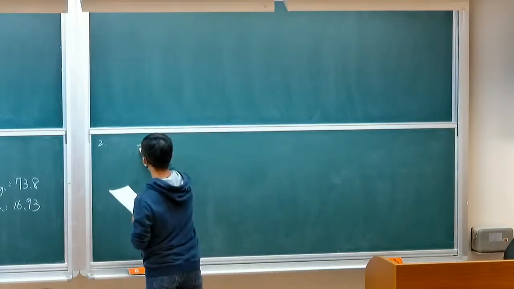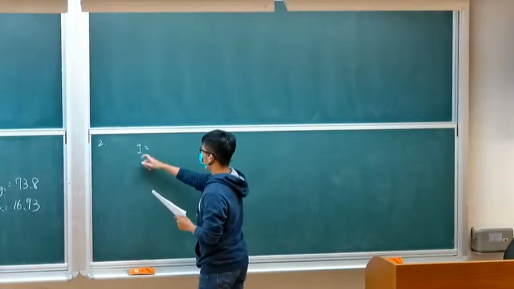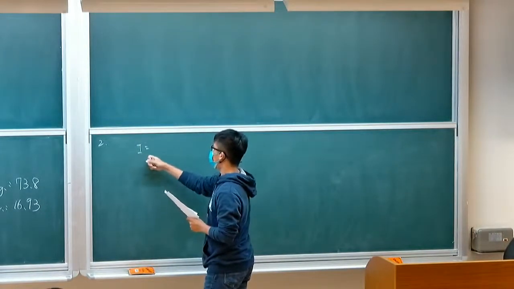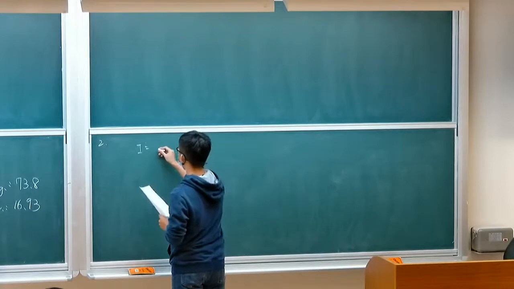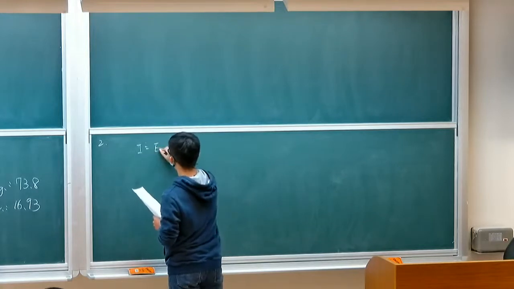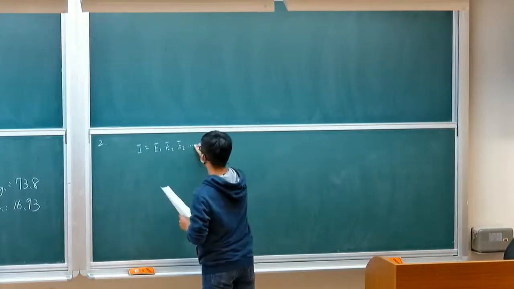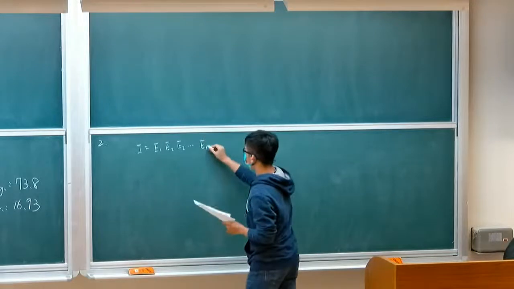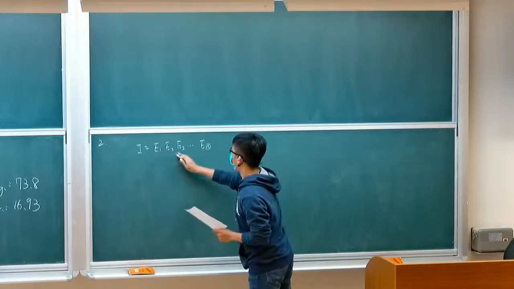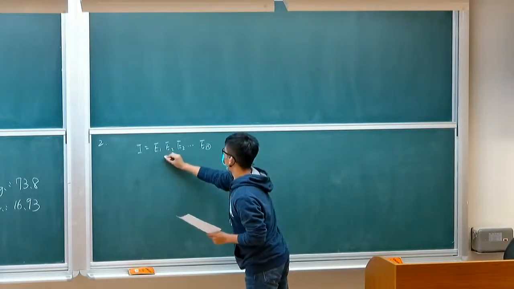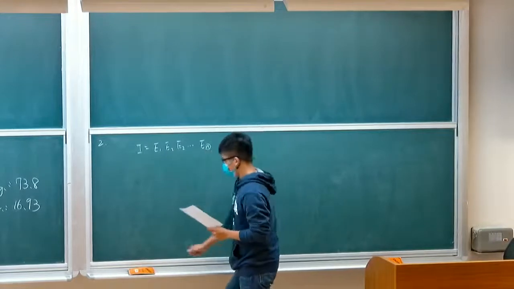What I mean is, if the identity matrix can be written as a product of row exchanges, then the number of the row exchanges must be even.